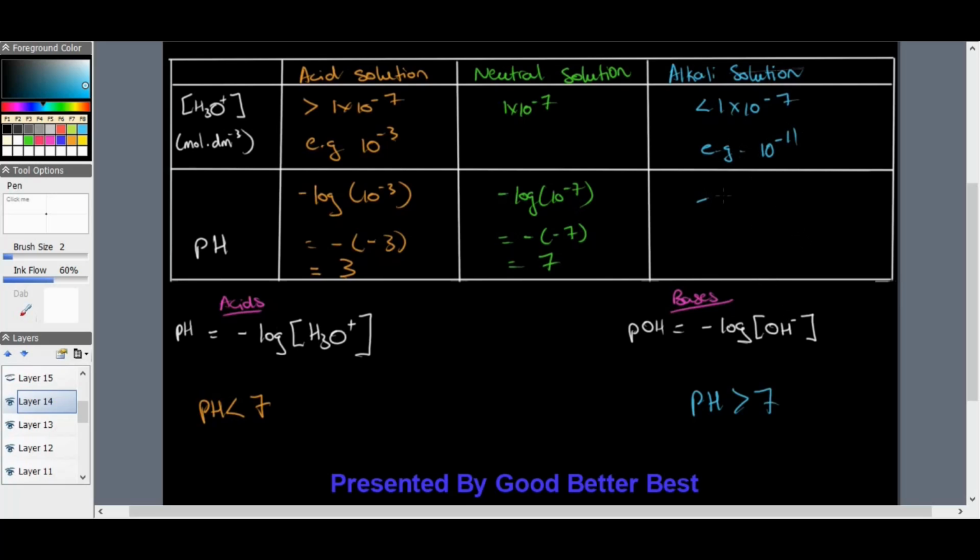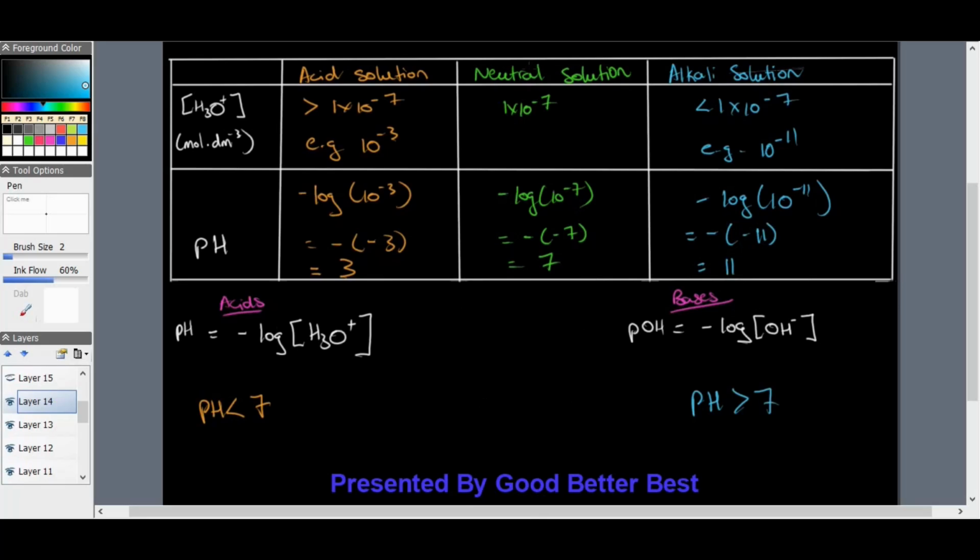So minus log of the concentration 10 to the minus 11, sorry, let me just change that in the bracket there. What we're going to get is minus of minus 11, which will give us an answer of 11. 11 is greater than 7, so we know it's an alkali.